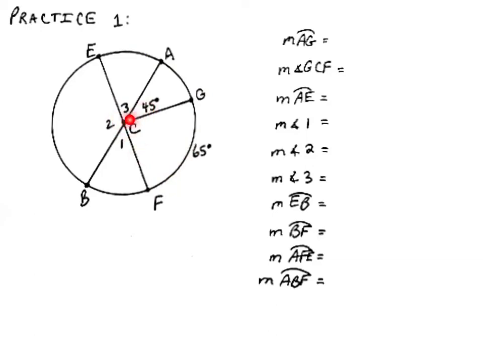This is a central angle, this GCF, and we established last slide that if it's 65 on the arc, it's 65 on the angle. For example, the guy here is 45 and 45, right? If it's 45 on the angle, it's 45 on the arc.